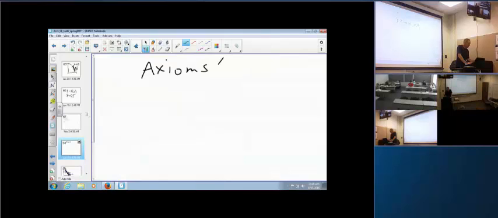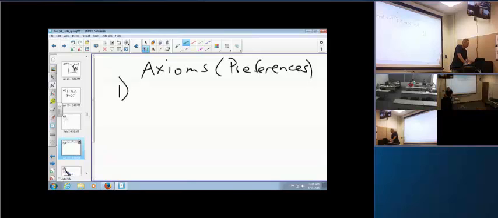These are the preference axioms. And the preference axioms are statements and assumptions about your behavior that make you act rationally. They require 7 basic ideas.